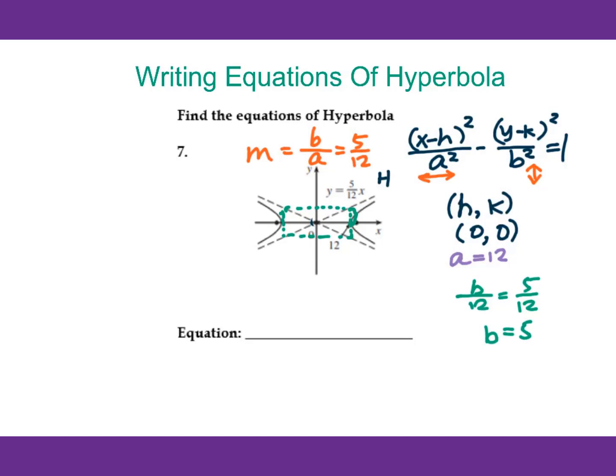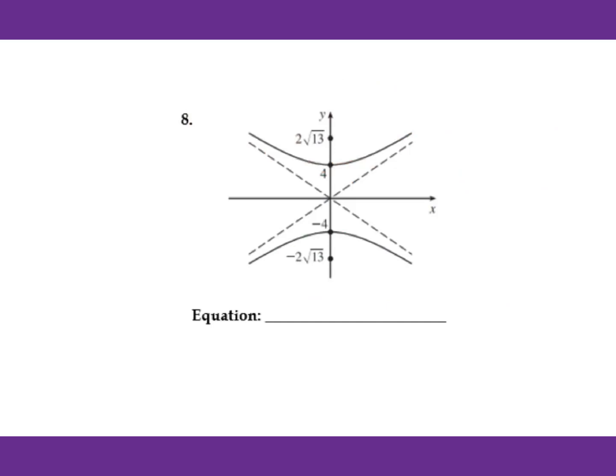Then I plug in. So we get x squared over a squared, which is 144, minus y squared over 25 equals 1. For number 8, this is a vertical hyperbola.